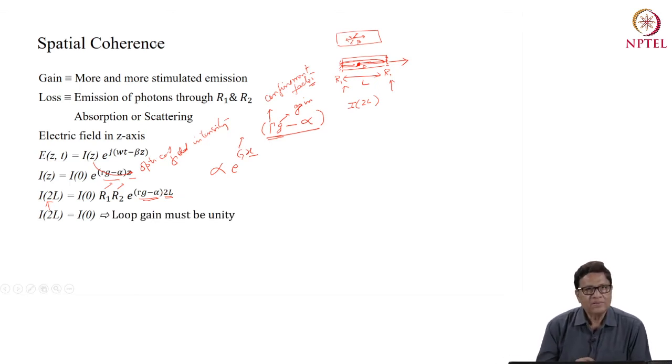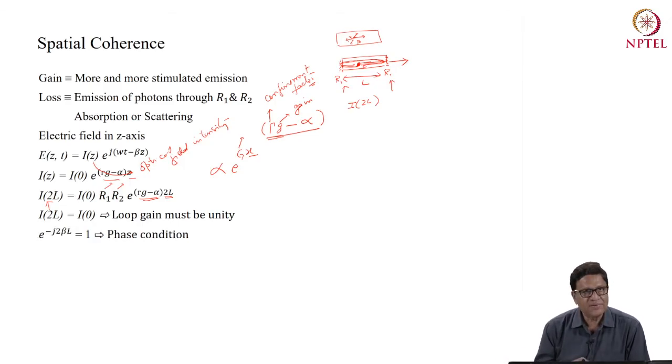So for a laser to act as an oscillator, we need to satisfy two conditions. One is the loop gain must be unity, that is I2L is equal to I0. The intensity when it has traversed a distance of 2L should be equal to I0. So this is one condition.